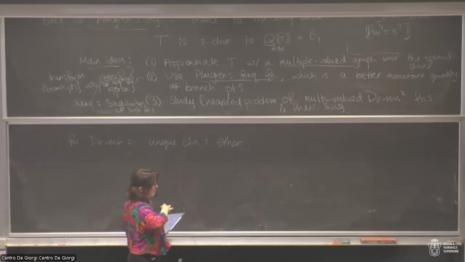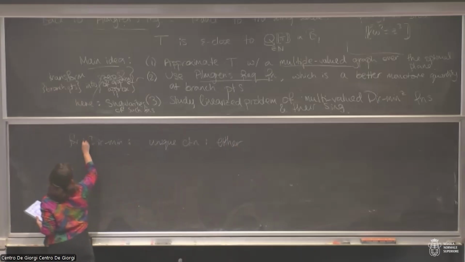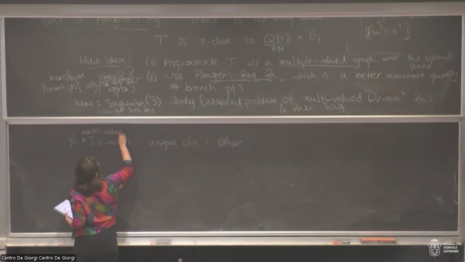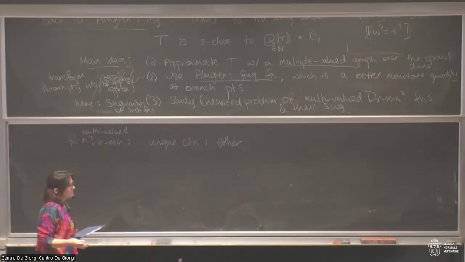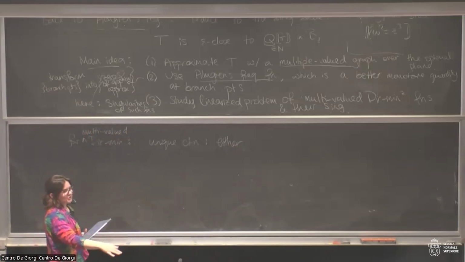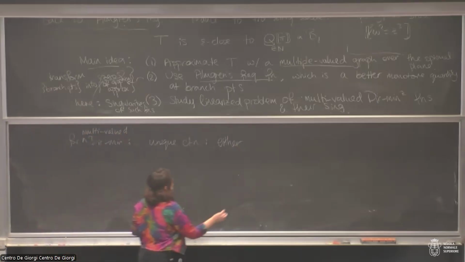so you always have the case where everything might just collapse. So remember, these are multi-valued. So one possible scenario is that all of these multiple sheets collapse onto their average, which is a classical harmonic function.